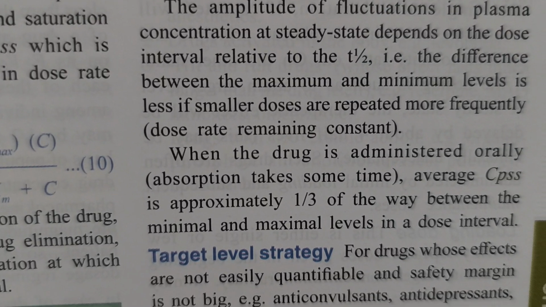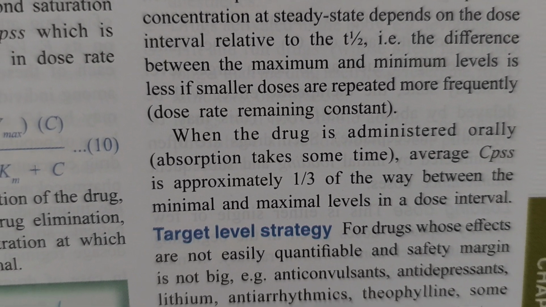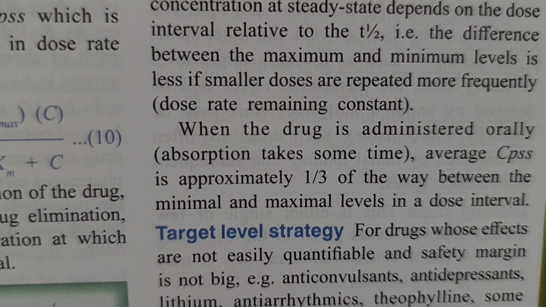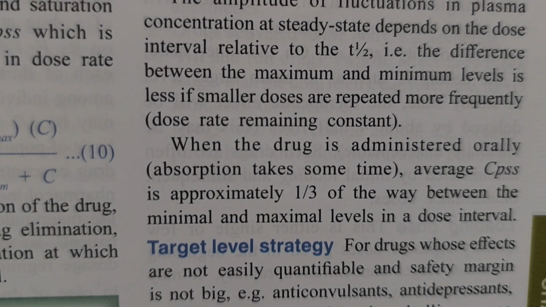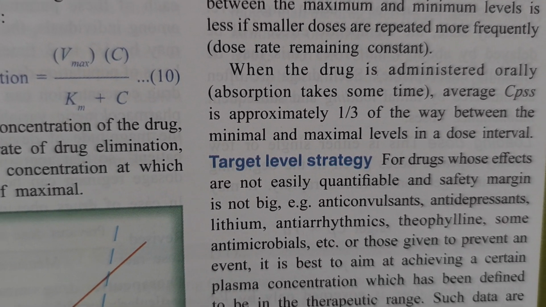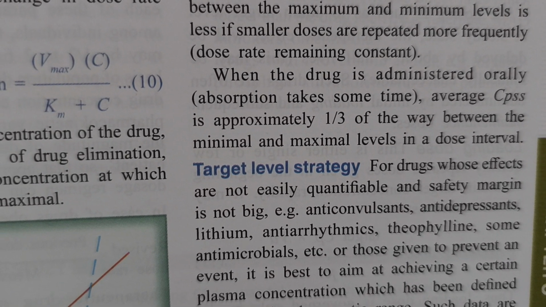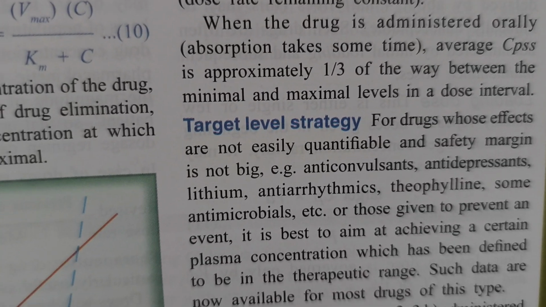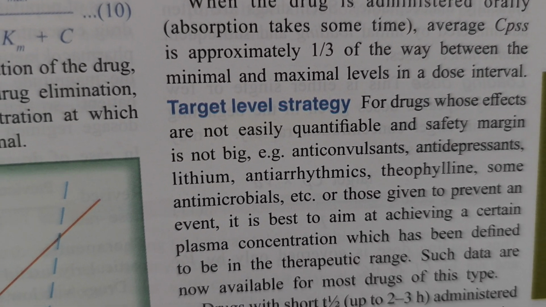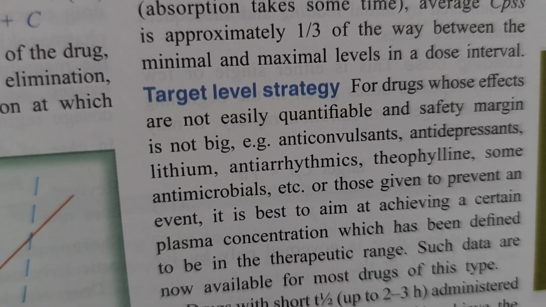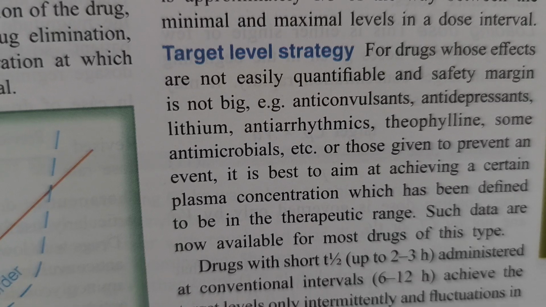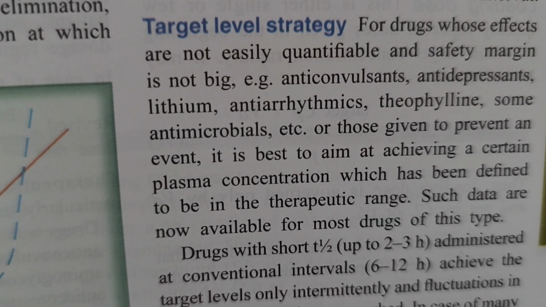The amplitude of fluctuation in plasma concentration at a steady state depends on the dose interval relative to the T-half, that is the difference between the maximum and minimum levels, less if smaller doses are repeated more frequently. Dose rate remains constant. When the drug is administered orally, absorption takes some time. Average CPSS is approximately one-third of the way between the minimal and maximal levels of the dose interval.